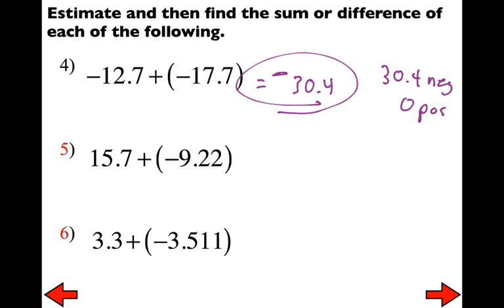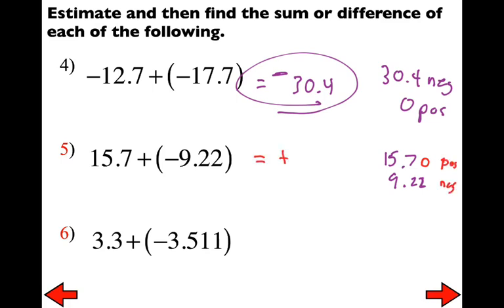All right, for number 5, we clearly have more positives than we do negatives, because we have 15.7 positives and 9.22 negatives. So we should put a 0 right there. So once again, we have more positives than we do negatives.